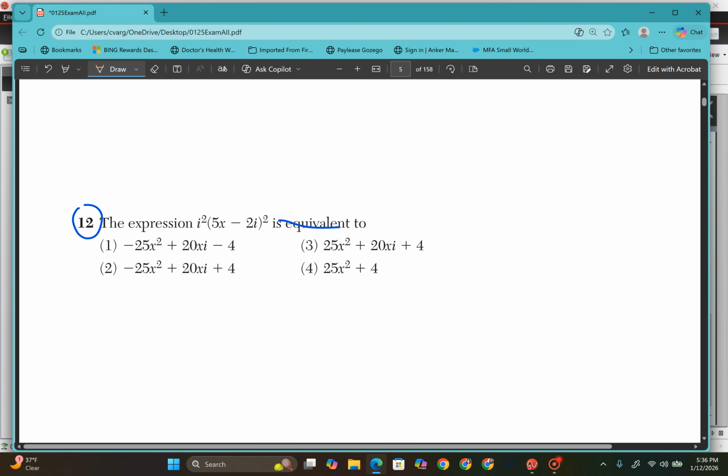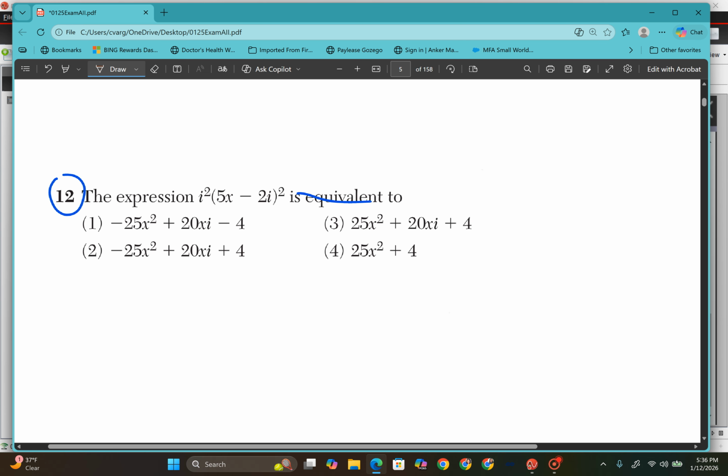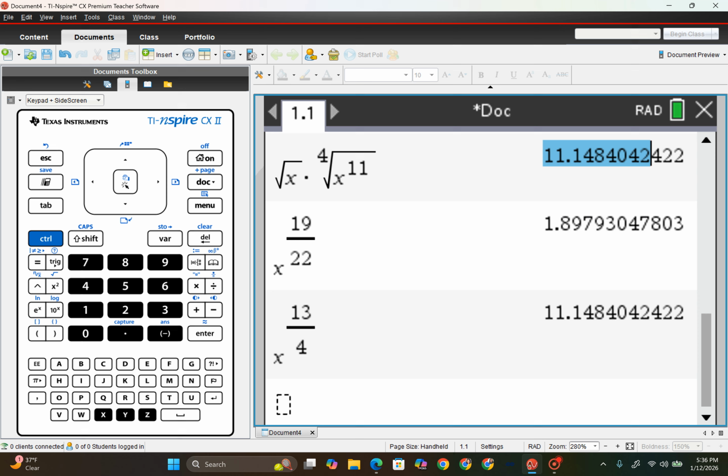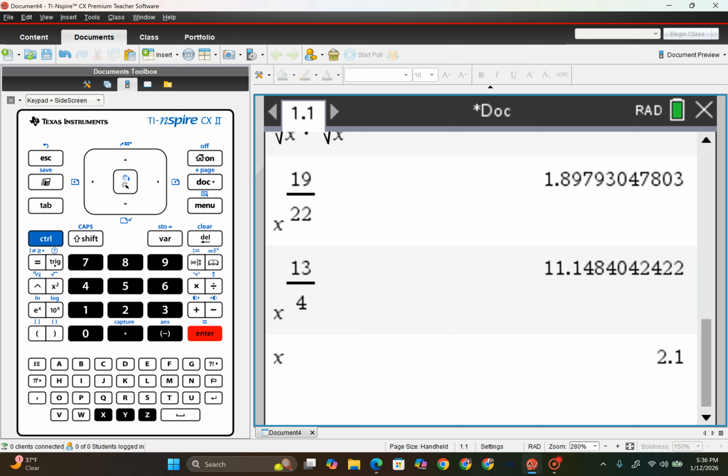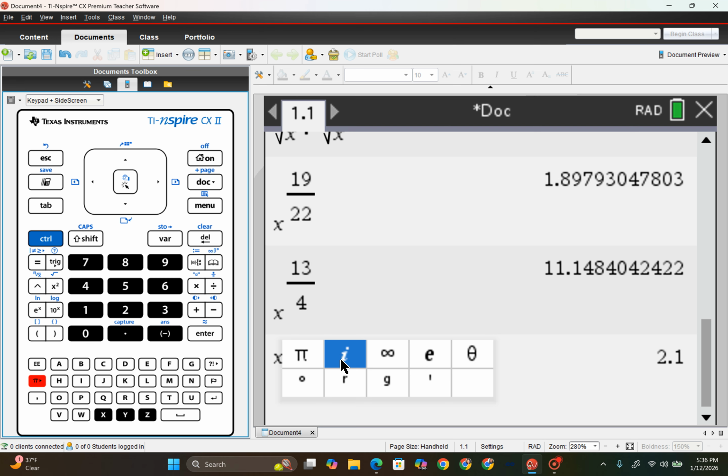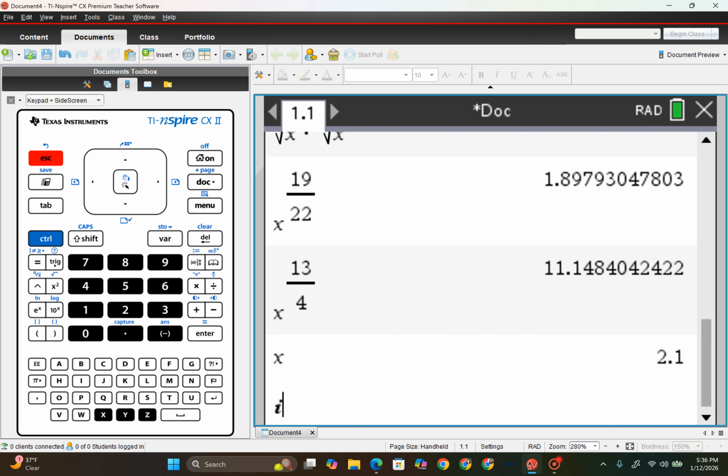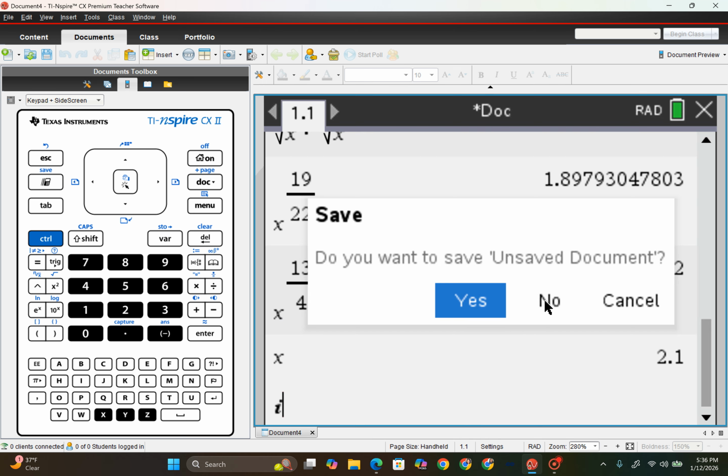All right, another equivalent to. So this one, same thing. Can I just check this to see that x is still 2.1? Cool. And then I'm plugging in the actual whole thing first. So I squared, I is where pi is, remember? Stop it. Anytime my calculator acts weird, I'm just going to start new.